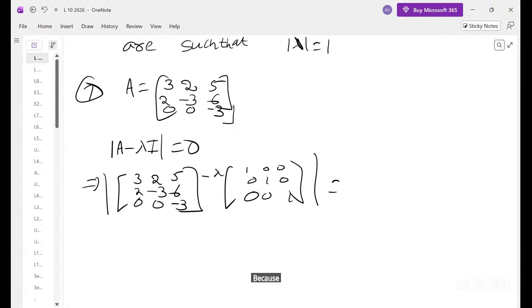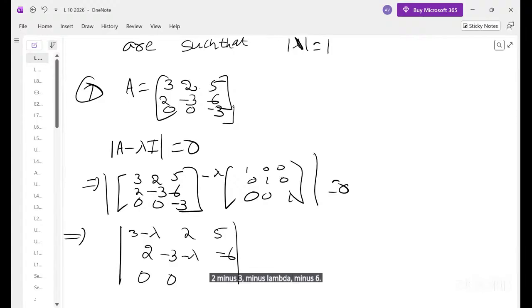Because this is 3 by 3, we take the identity as 3 by 3. So the determinant of 3 minus lambda, 2, 5; 2, minus 3 minus lambda, 6; 0, 0, minus 3 minus lambda. This is the characteristic equation.